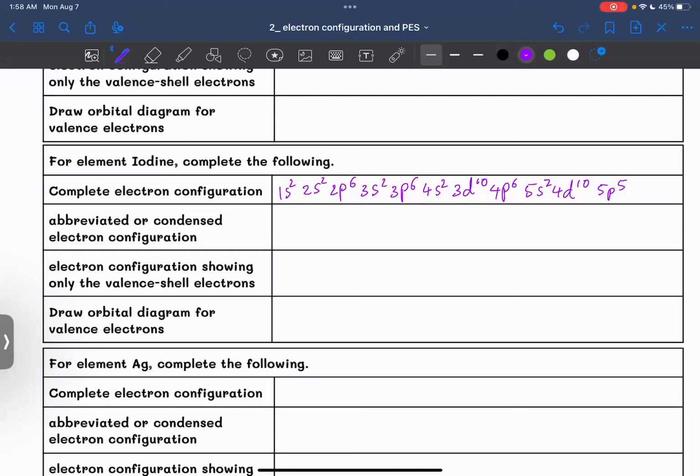Okay, short one, Kr. And then we get 5s2, 4d10, 5p5.